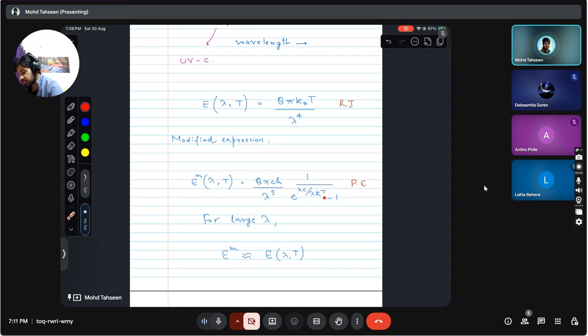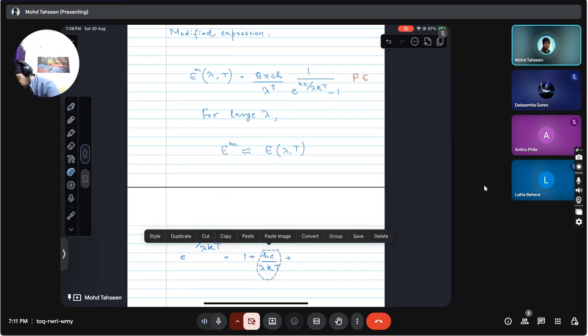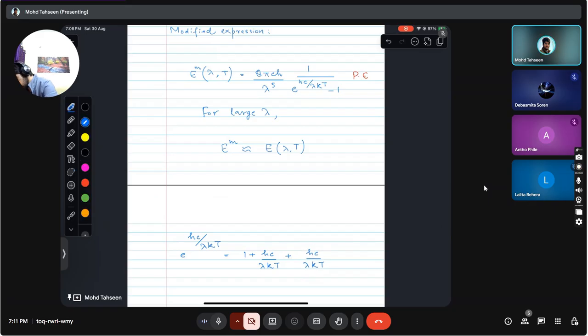It's a good exercise to do. So we can write that e to the power hc over lambda kT, where k is the Boltzmann constant, can be expanded as 1 plus, treating this whole as x, the expansion of e to the x, which is 1 plus x plus x squared by 2 factorial.